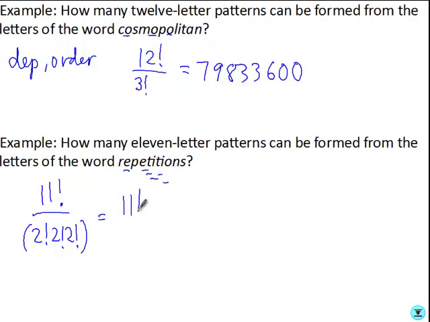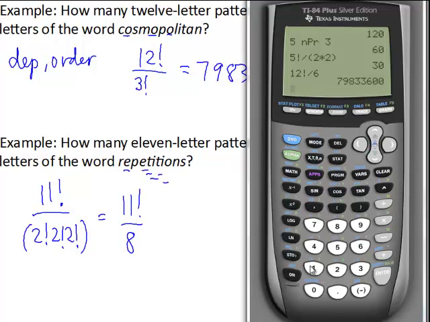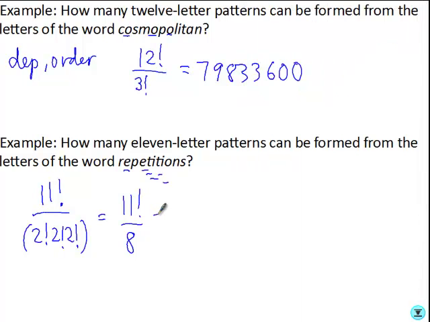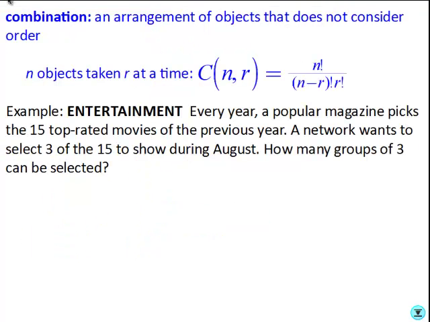You've probably figured out 2 factorial times 2 factorial times 2 factorial is just 8. Not 8 factorial, it's just 8. So I've got 11 factorial divided by 8. Okay, a much smaller sum, 4,989,600. We're not going to write all those out.